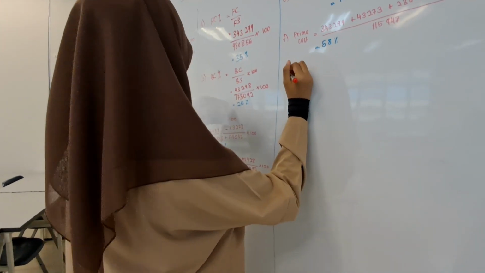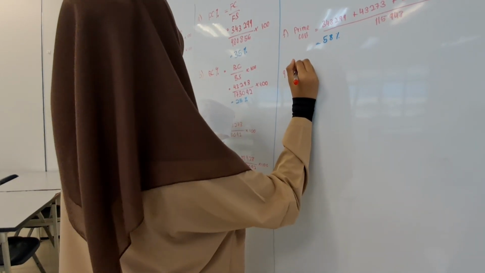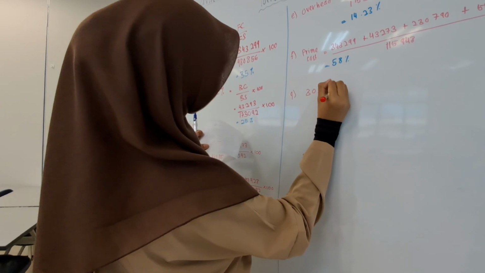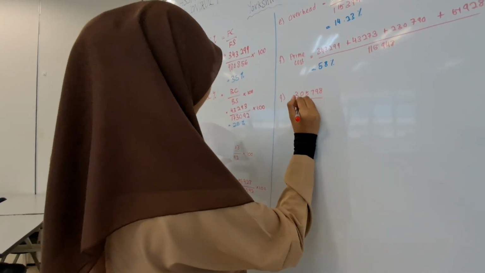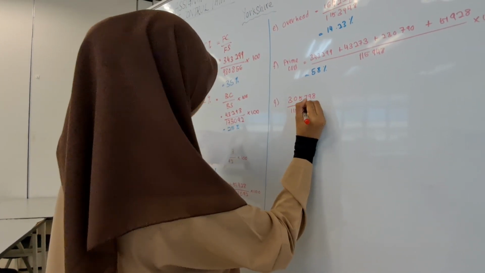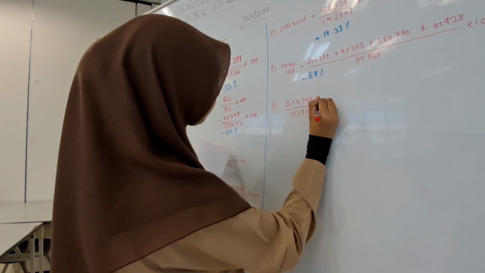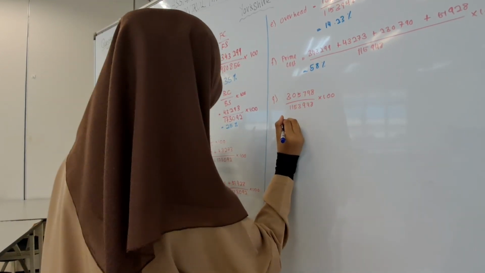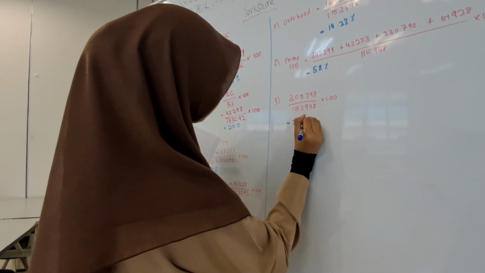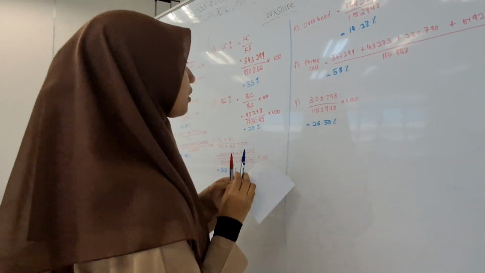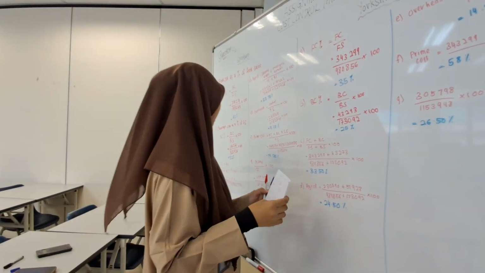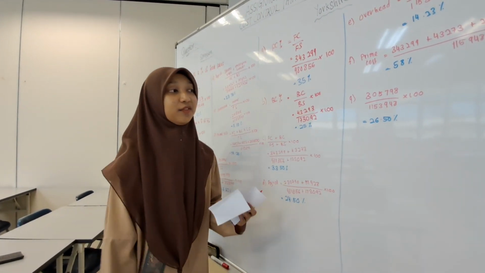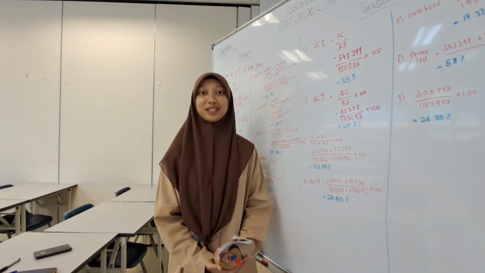For Yorkshire restaurant, profit before tax is 26.50%. That's all from me. Thank you.